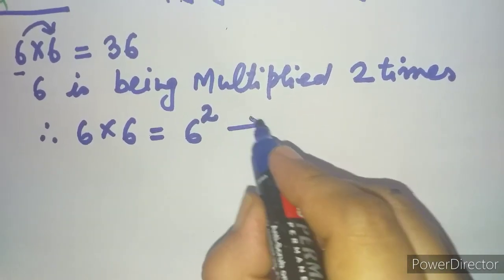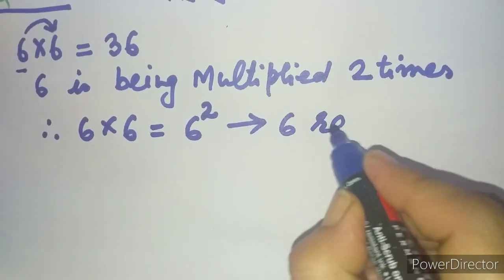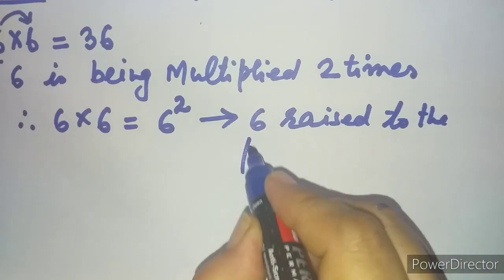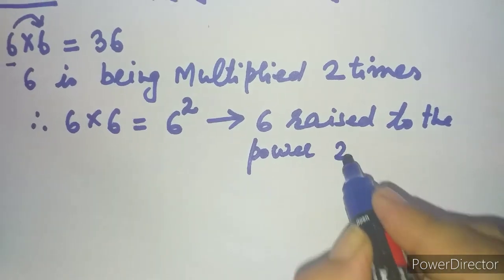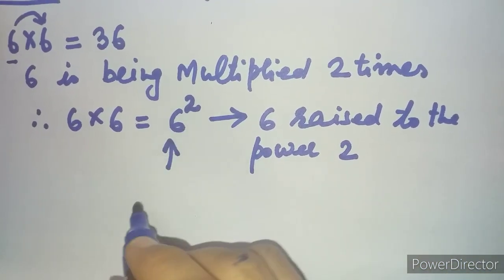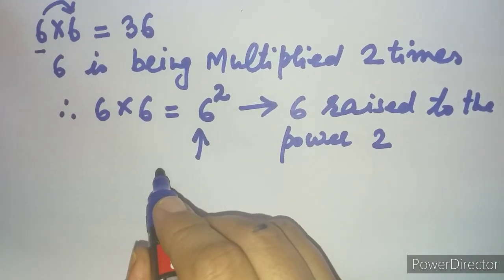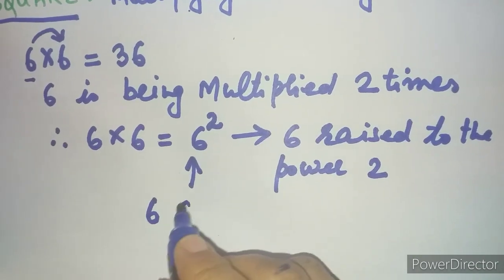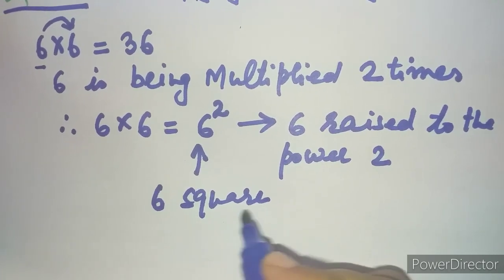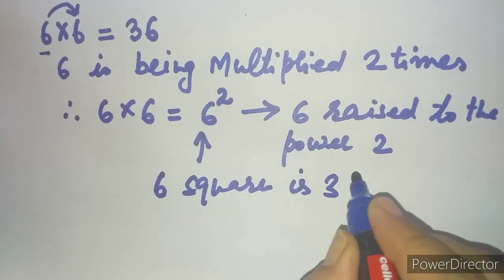How do we pronounce it? That 6 raised to the power 2. Okay? And this raised to the power 2 is known as square. Okay? Then how do we read this? That 6 square. We can read it as 6 square is 36.